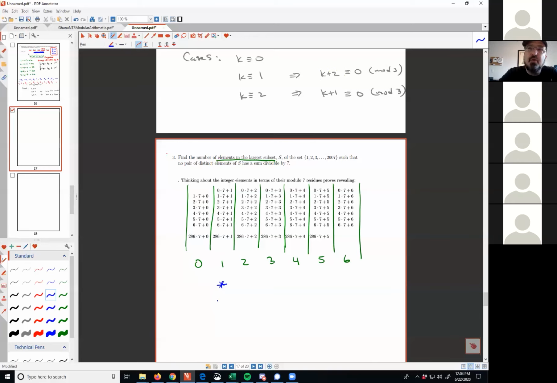What could I add to 1 to get a multiple of 7? A multiple of, we know, sorry, 6. 6, right. 1 plus 6 is 0 mod 7. And that would be bad. So what does that tell us about the numbers that we can put in this set together?